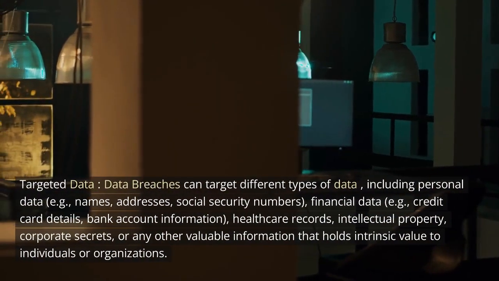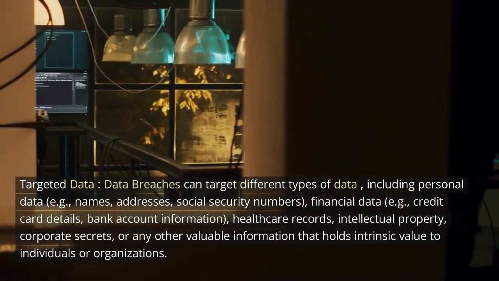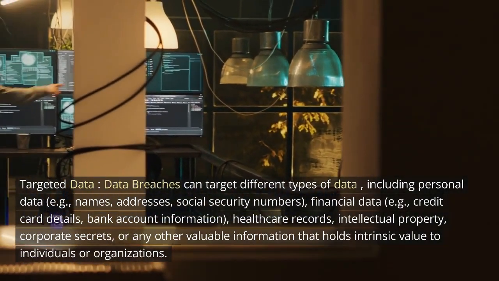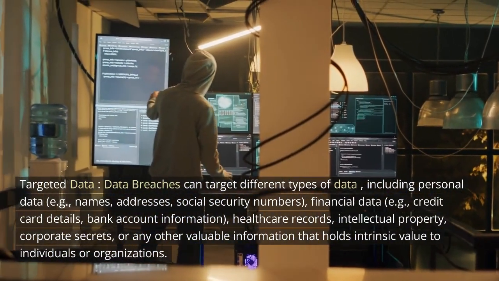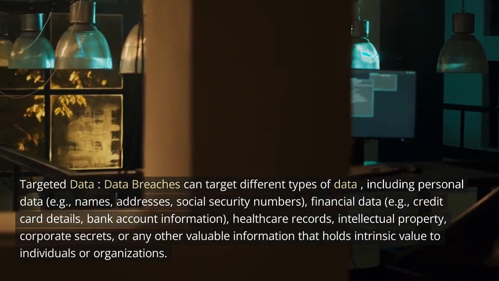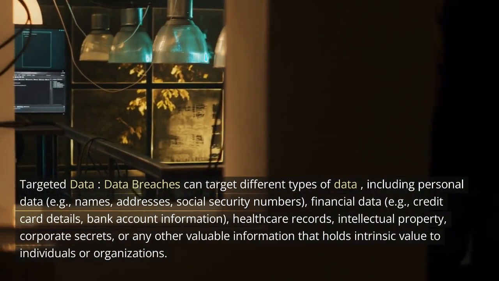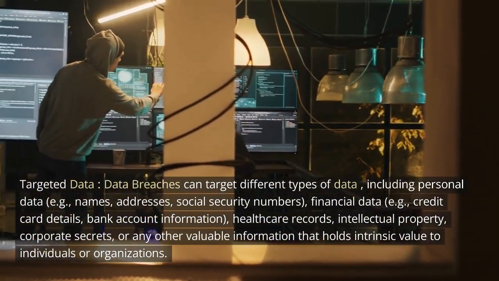Targeted data: data breaches can target different types of data, including personal data, for example, names, addresses, social security numbers, financial data, for example, credit card details, bank account information, healthcare records, intellectual property, corporate secrets, or any other valuable information that holds intrinsic value to individuals or organizations.